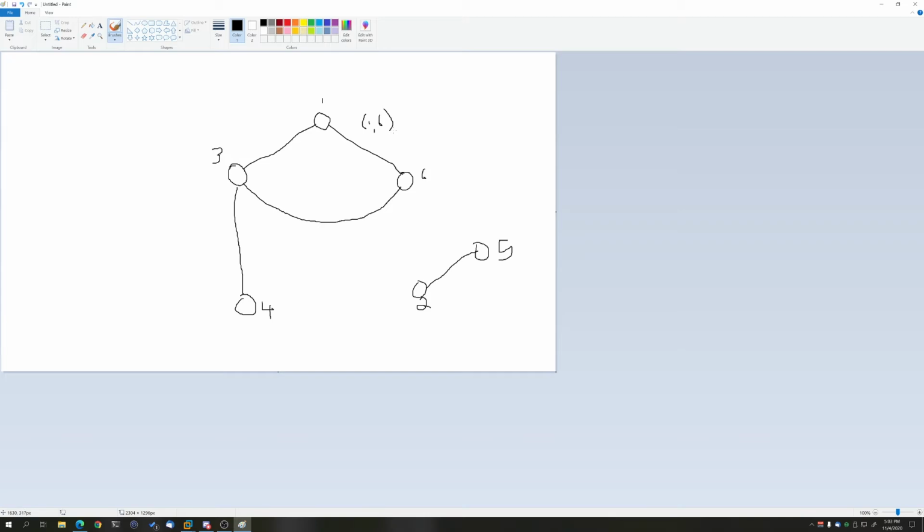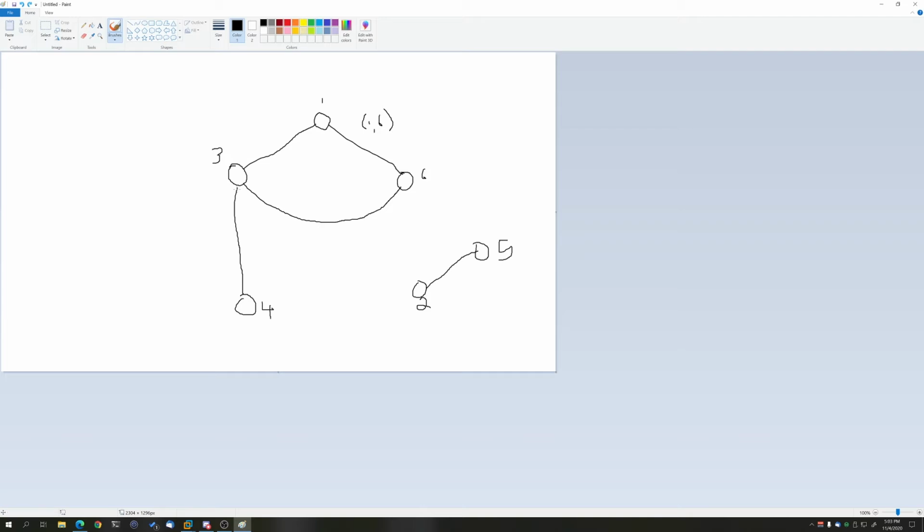And now we can also describe the degree of a vertex. So this is the number of edges that are incident to it. So for example, vertex 3 here has degree 3 because we have 1, 2, 3 edges that connect to it. Well, vertex 4 over here has degree 1 because there's only one edge.